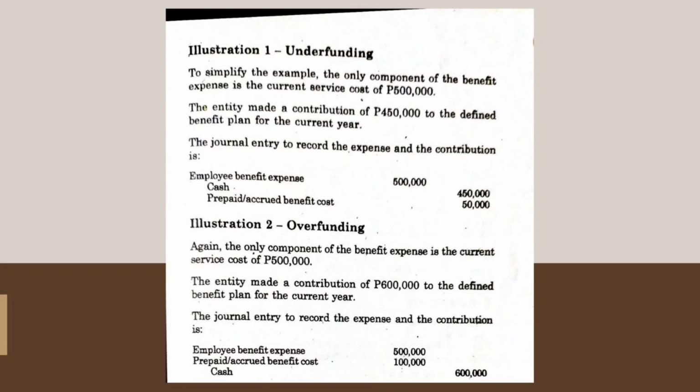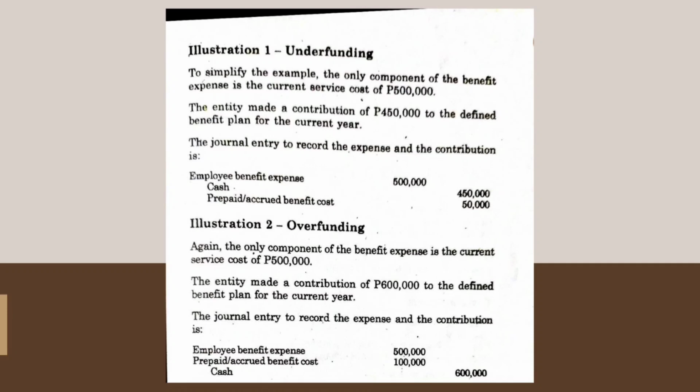The journal entry to record the expense and contribution is debit employee benefit expense 500,000, and credit cash 450,000 and prepaid or accrued benefit cost 50,000.